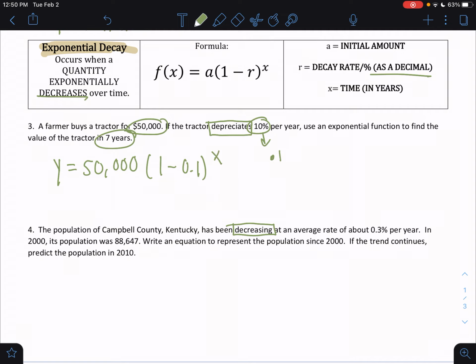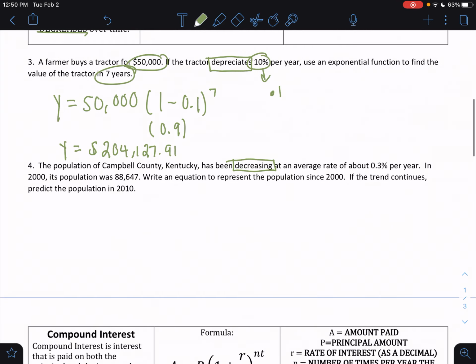And they want us to find when x is 7, so I'm going to replace that x with 7. Again, you can just enter this in your calculator. In our parentheses here, we would have 0.9. You can write that, or you can do 1 minus 0.1. Either way should get you the same answer. So y equals $204,127.91.